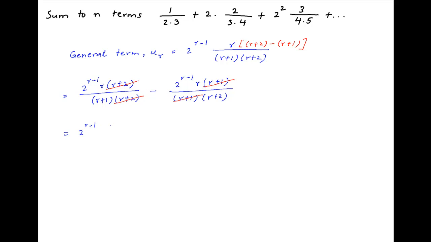Therefore, U_R is equal to 2^(R-1) times R divided by (R+1) minus 2^(R-1) times R upon (R+2).